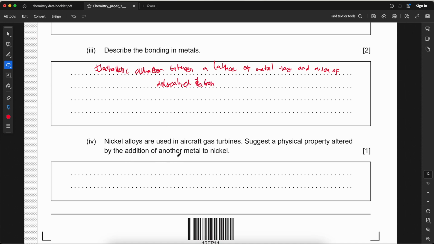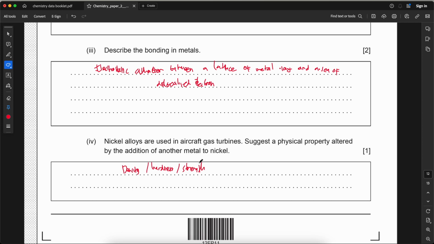Nickel alloys are used in aircraft gas turbines. Suggest a physical property altered by the addition of another metal to nickel. Density or hardness or strength, because you know a metal that has a regular arrangement has layers that can slide over one another, so it can be bent, or it can be hammered into a shape, or it can be drawn into a wire, which is ductile.